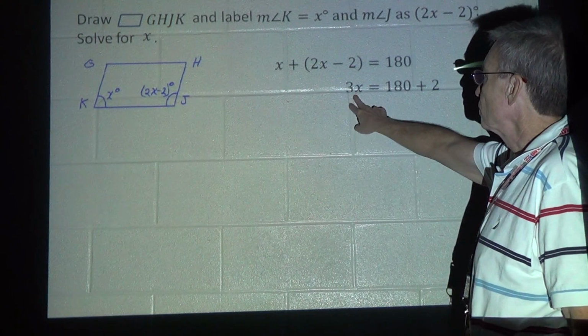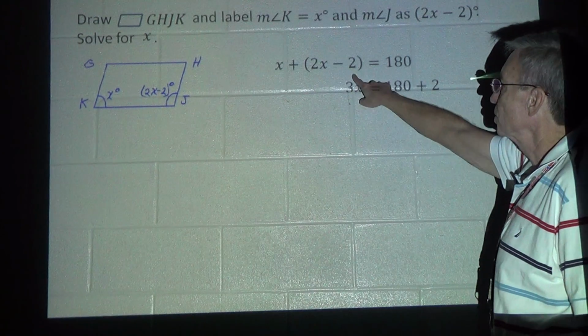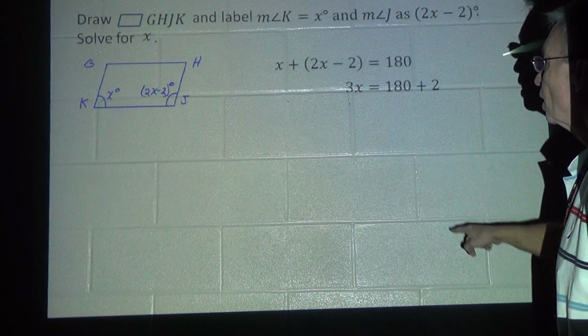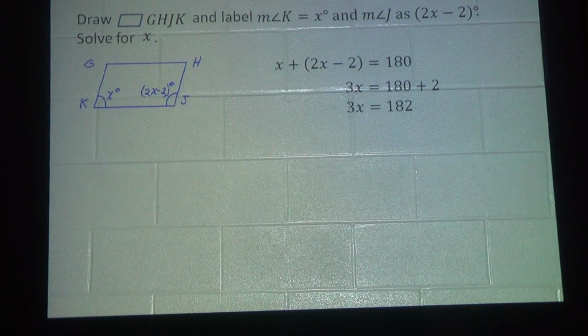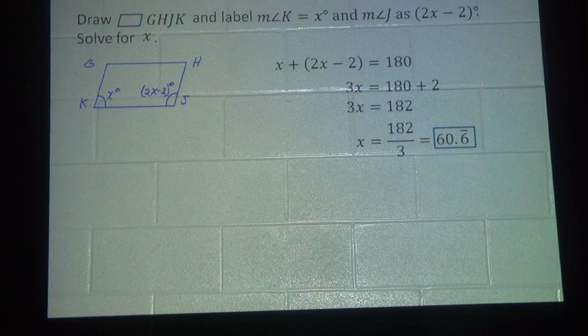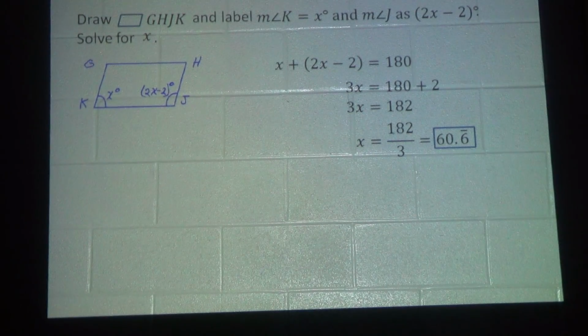Combine like terms gives us 3x, and adding the positive 2 to both sides gives us 3x equals 182. Divide by 3 and we have 60.6 repeating as the value of x. Since that's all they ask us to find, that's it. Sometimes they will ask us to put it back in and find the angle measure, but they didn't do that this time.